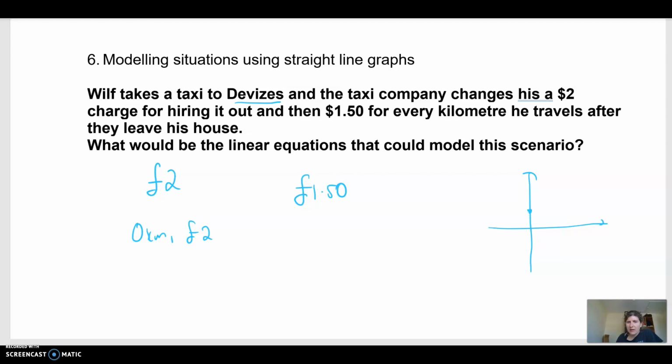Then every kilometre he goes up by 1.50, so that would be 3.50 there, because it's 1.50 up, and then he goes up by another 1.50, etc. So your gradient in this case is 1.50, because that's what's changing every kilometre. Okay, so we could make an equation now. We could say the total cost is equal to 1.50 times x, where x is distance, plus £2.